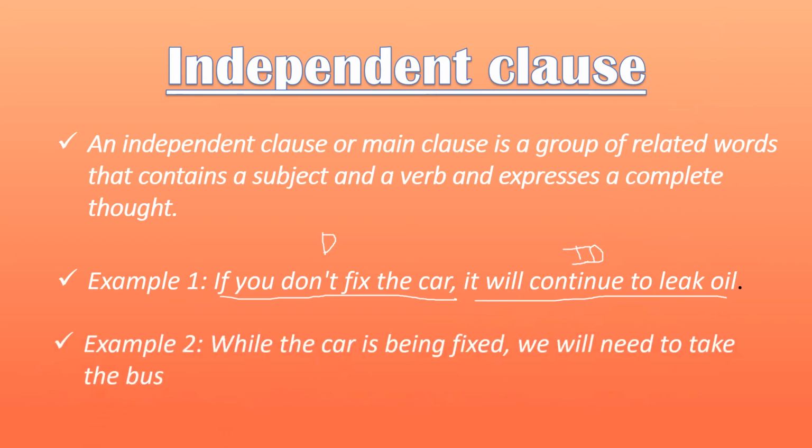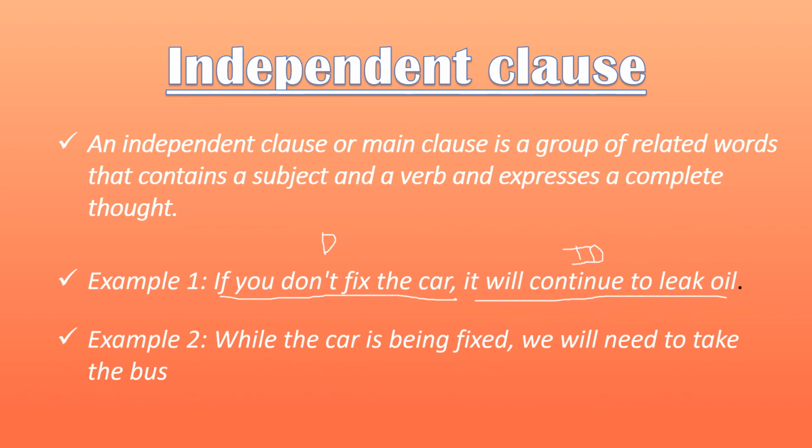Okay, let's go through the second example. While the car is being fixed, we'll need to take the bus. Can you identify in this which is the dependent and independent clause? Yes, it's correct. While the car is being fixed is dependent.